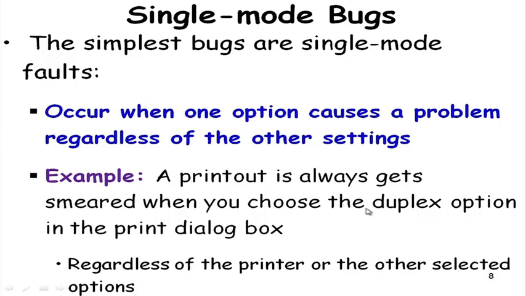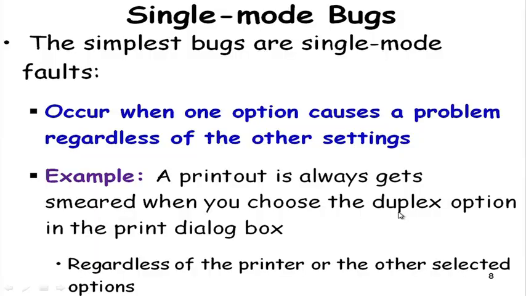So, as long as you check that one input check box, irrespective of the checking of all others, the problem occurs. And if you have not set the duplex option, then all possible combinations of other parameters will not cause any problem. So, this is a single mode bug because it is caused by the setting of a single parameter.